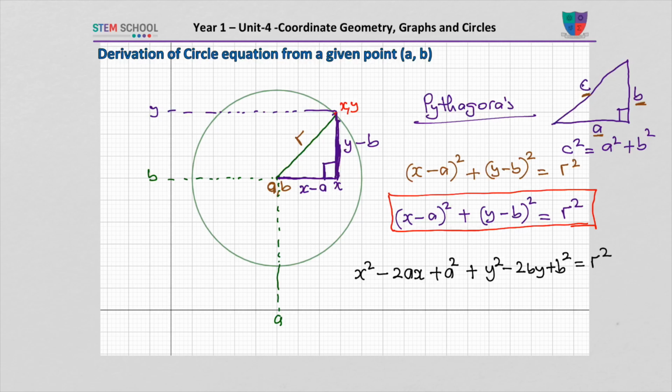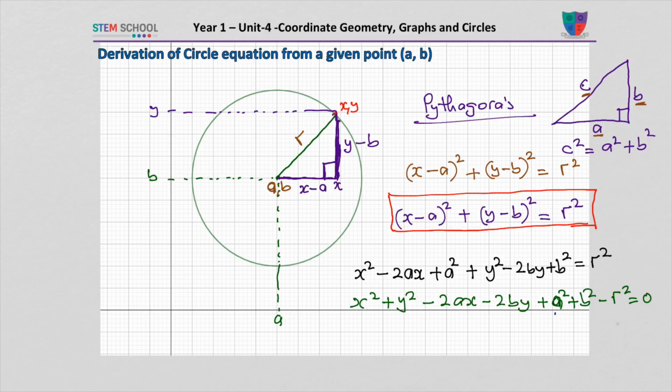So I can rewrite this as X squared plus Y squared minus 2AX minus 2BY plus A squared plus B squared minus R squared equal to 0.